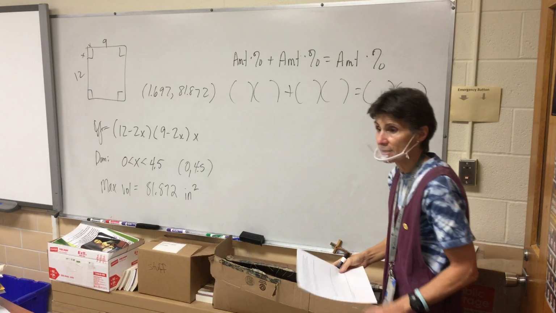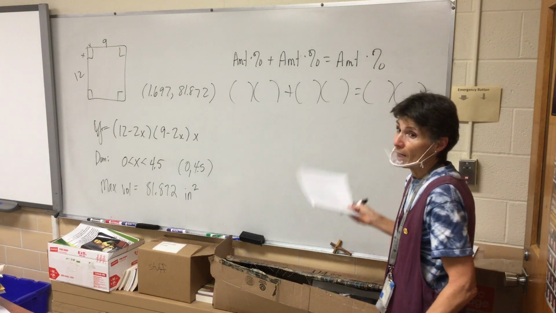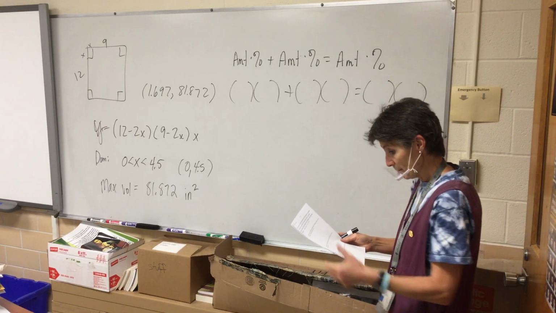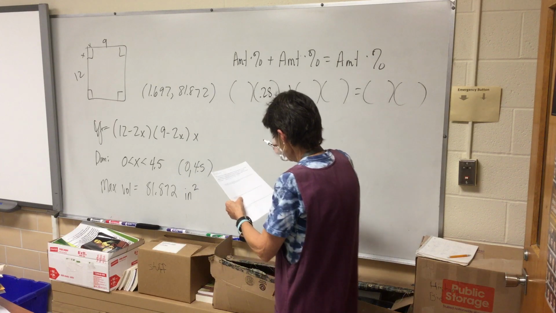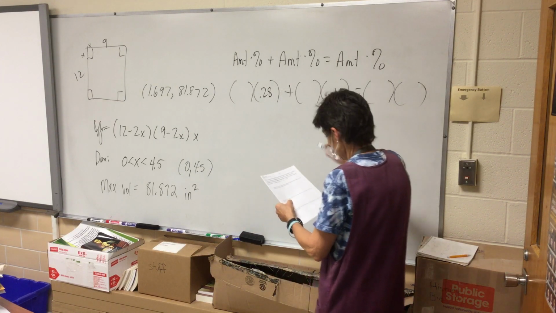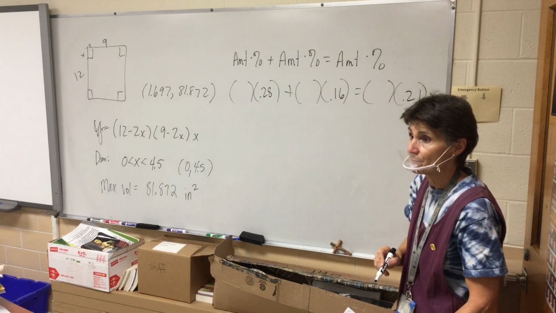Right, now I'm going to start plugging stuff in. Almost all of that's right in the problem. So, for example, I've got 28% and 16% and 21%. That's all right in the problem, right?